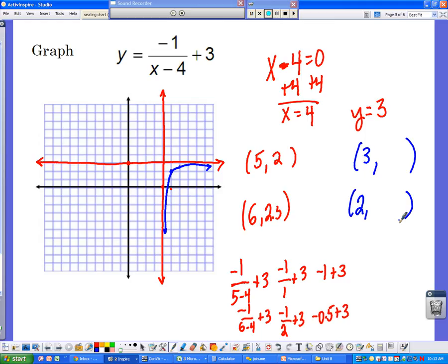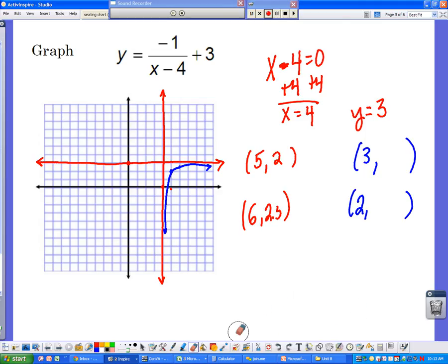When I plug that in, let's erase these. I get negative 1 over 3 minus 4 plus 3. So negative 1 over negative 1 plus 3. So I get 1 plus 3, which is 4. So I get 3, 4.